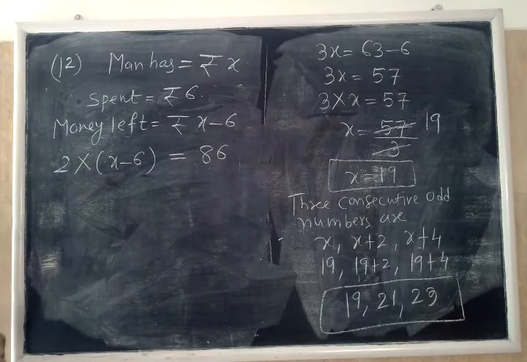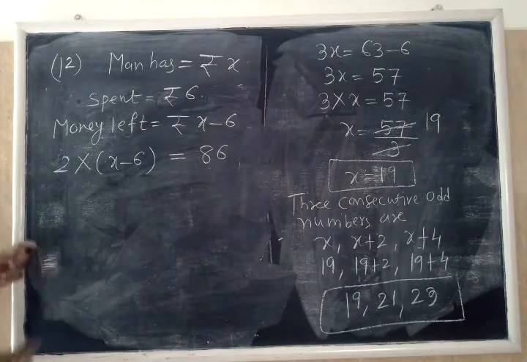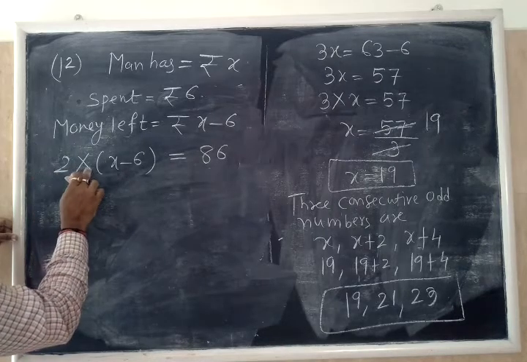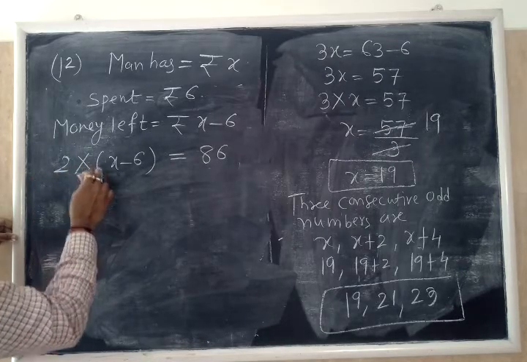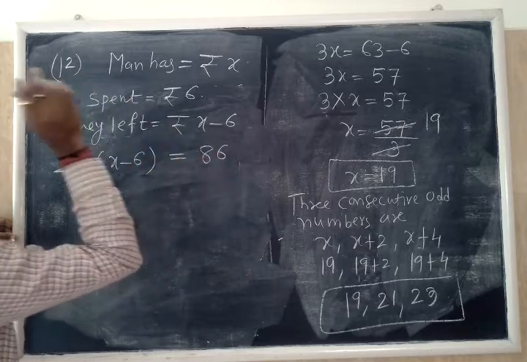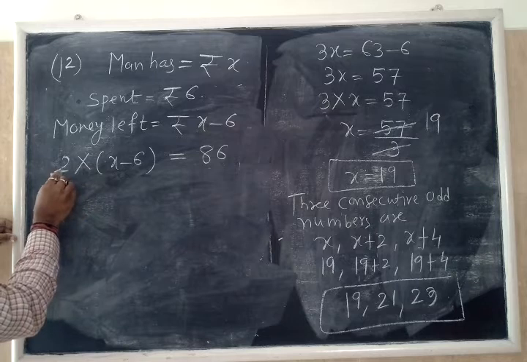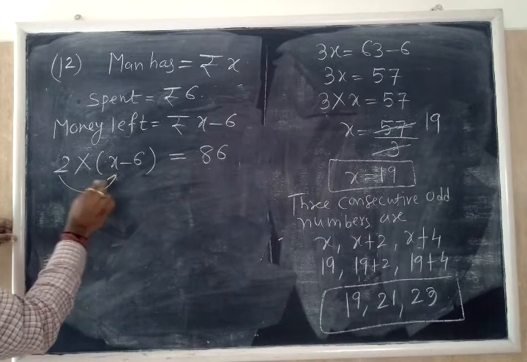So I have told you in algebraic expressions we have seen that twice means 2 times. 2 times the money left is nothing but 86. Whenever outside the bracket you have some number, you have to multiply that number to each term of the bracket.